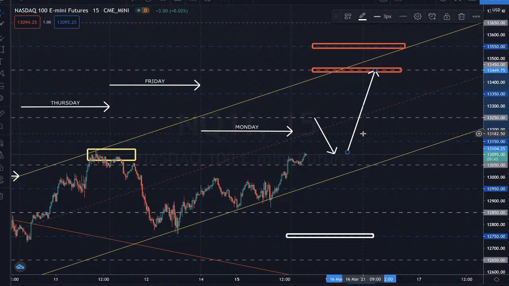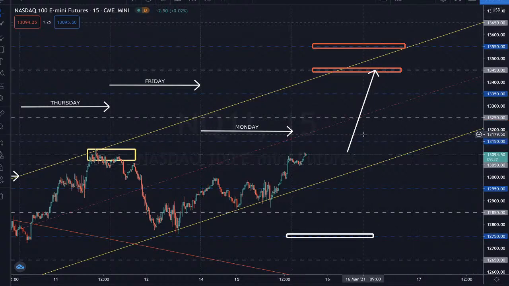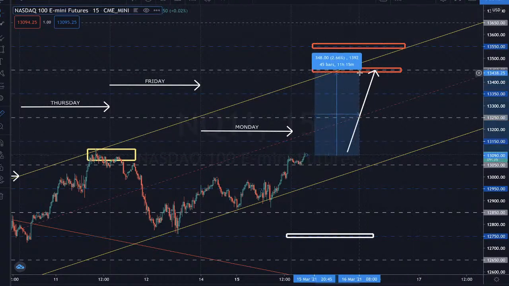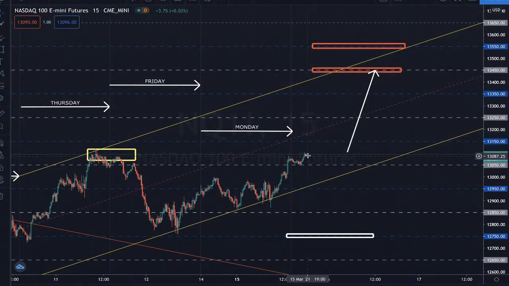And I'm going to say this here, and I don't want you guys to be left with the wrong expectations. This is quite a big move. This is about 350 points from the current price. It is possible that we can see it tomorrow, but it's not very likely.